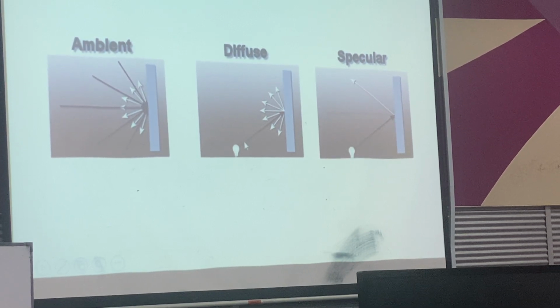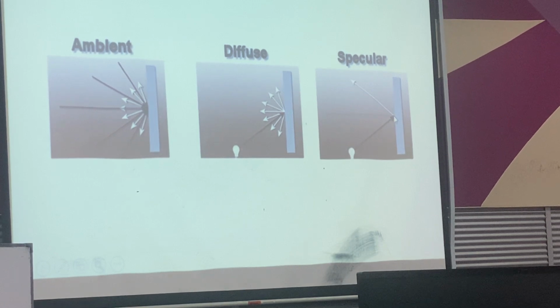Diffuse and specular: these two have directional light sources, from one direction, the black arrow. The difference between diffuse and specular is their reflection. For diffuse light, the reflections are in all directions.